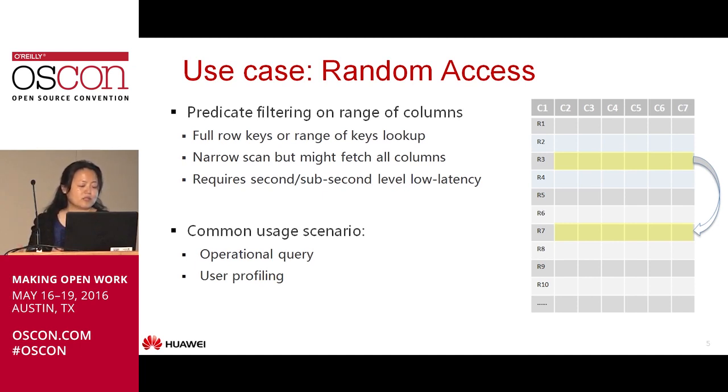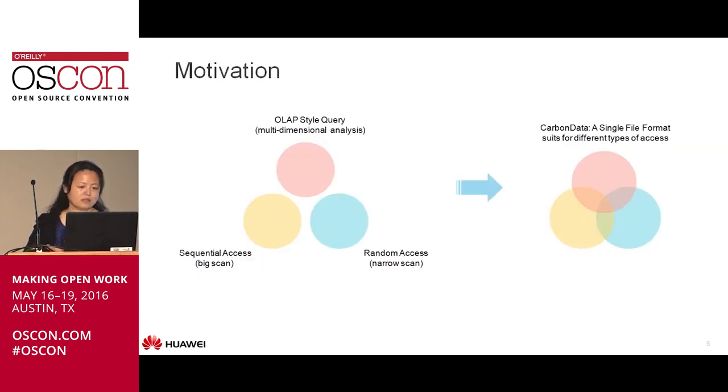As the result set is so small, generally you're expecting very low latency, second or sub-second level is very common. Like an operational query to answer customer complaint calls, you need to act quickly. User profiling to understand the user's interests, things like that.